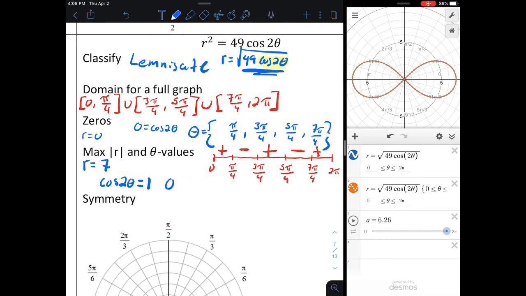And where does cosine equal 1? Well, cosine equals 1 when it's applied to 0 or 2 pi. But we're doubling, so we have to think about these theta values. So definitely theta equals 0 would work. And then what about pi over 2?